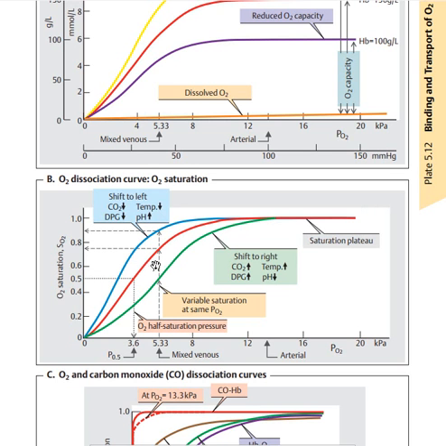We need to know that according to the Bohr equation, when you have a decreased level of carbon dioxide, a decreased temperature, an increased pH, and a decreased level of diphosphoglycerate, you are going to have the shift of the oxygen dissociation curve to the left.